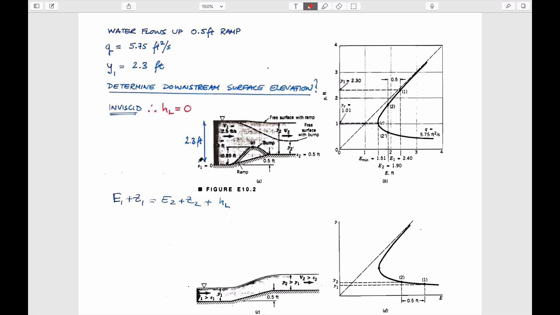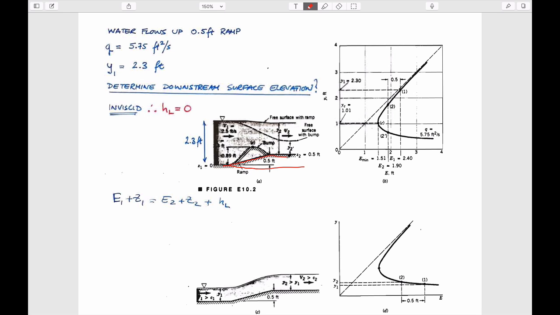So you have a flow that has a depth of 2.3 feet. I apologize for the imperial units, or English units. The question is, what happens if instead of having a horizontal flow bed, in which case it would just keep on trucking at 2.3 feet, you have a ramp in that bed?